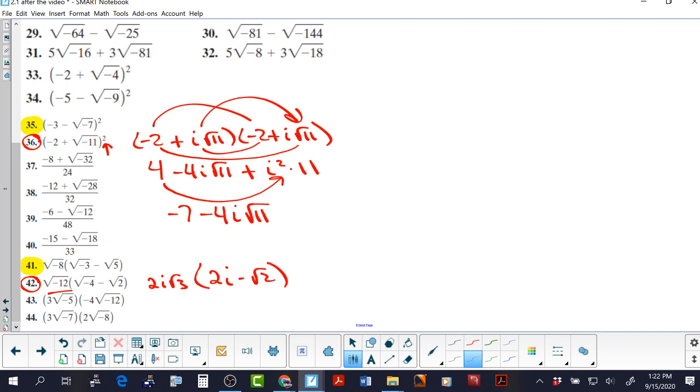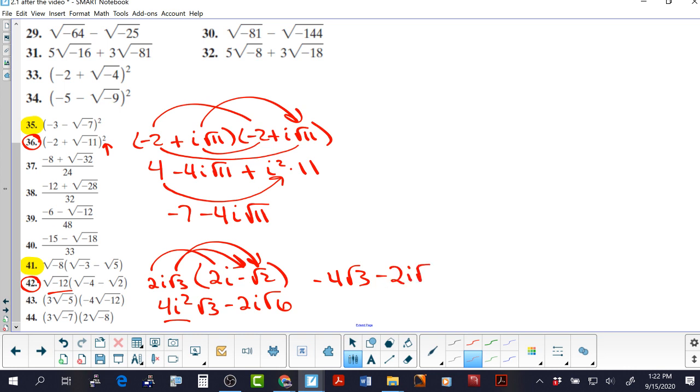So we have 4i square root of 3, and then when we distribute that to this one, then we have minus 2i square root of 6. Square root of 3 times square root of 2 is square root of 6. Now this becomes negative 4. So negative 4 square root of 3, and then not much we can do with this one at all. 2i square root of 6.